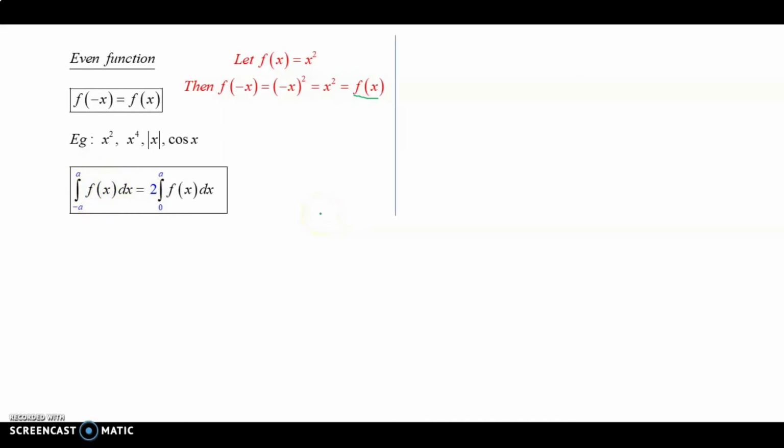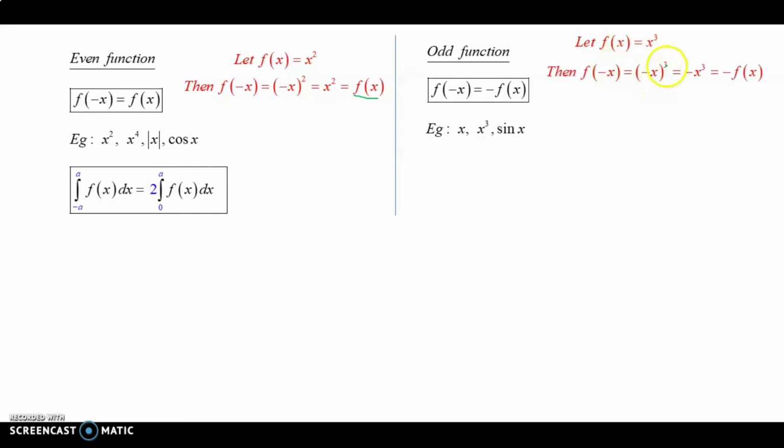Next, odd function. A function f of x is said to be an odd function if f of minus x equals minus f of x. Examples are x, x cube, sin x, tan x, etc. Let us consider one example. Let f of x equal x cube. Replace x by minus x. Then we get minus x the whole cube, which is minus x cube. That is minus of f of x.